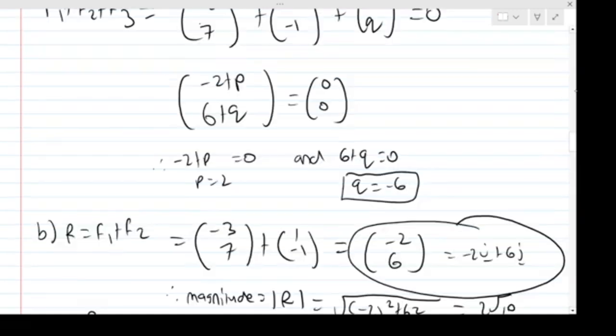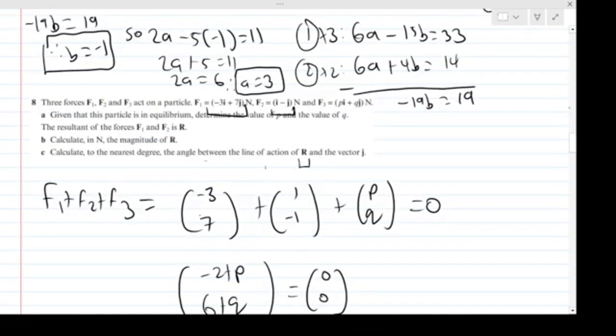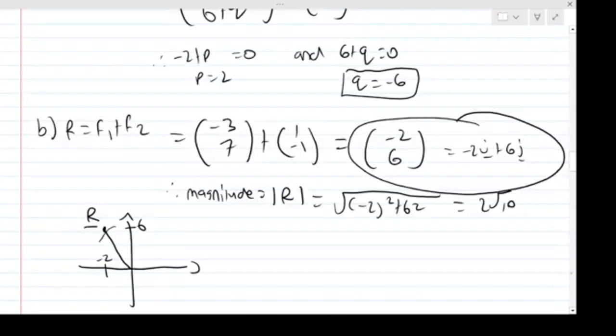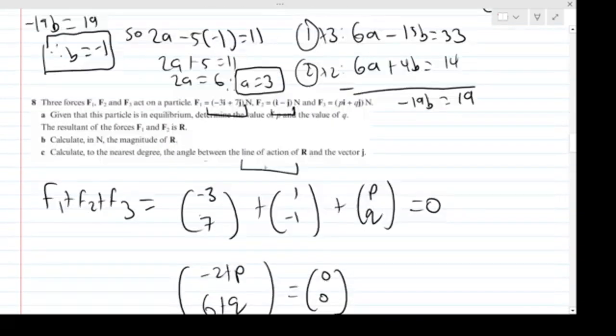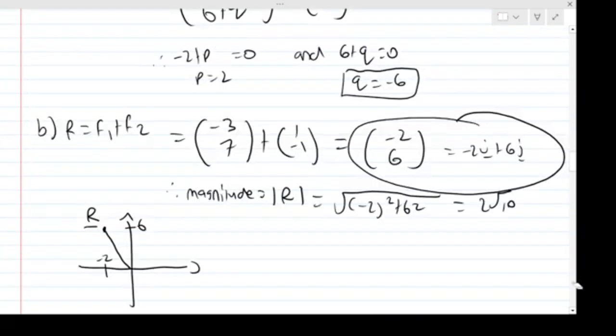Now, what it wants is the angle between the line of action of R. Well, that's the line of action essentially, right? Just the line to the point. So the vector R and the vector J. Now again, as I remind you, I is basically the x-axis and J is basically the y-axis.